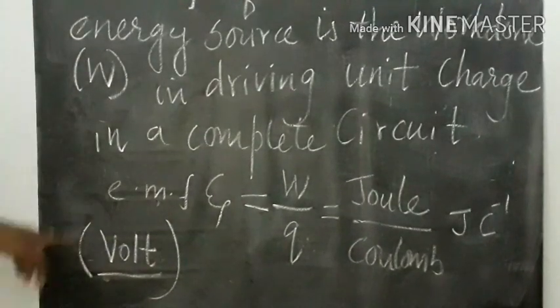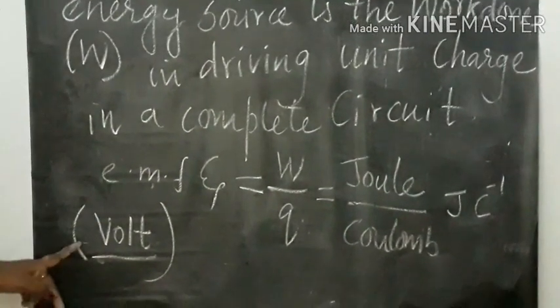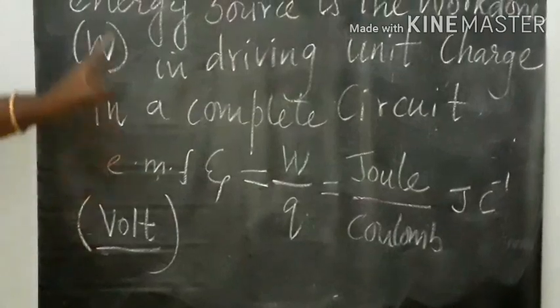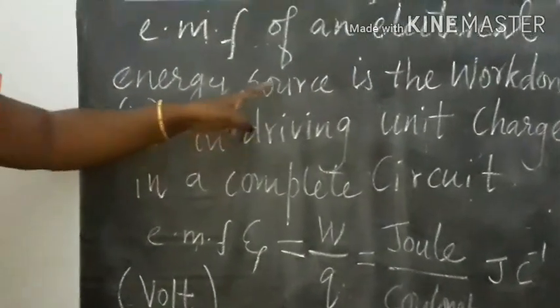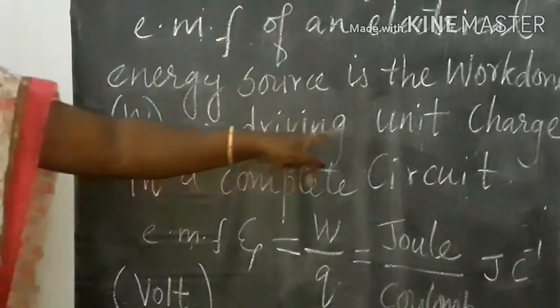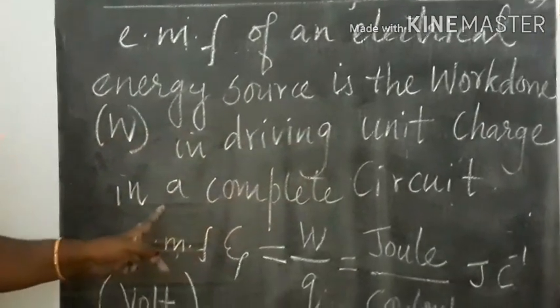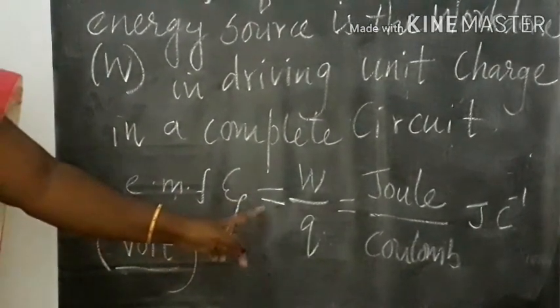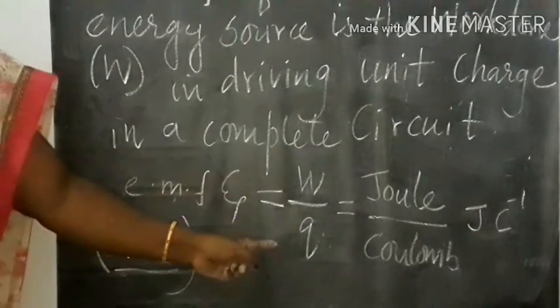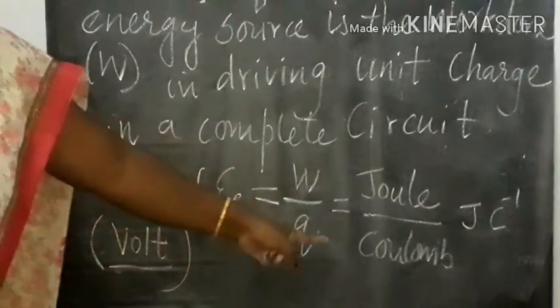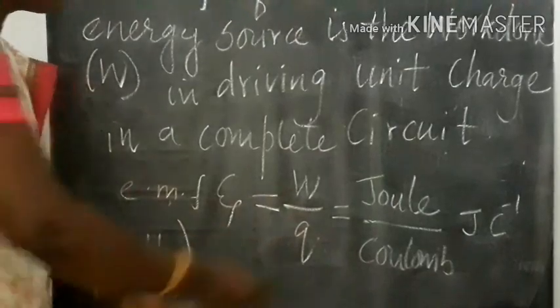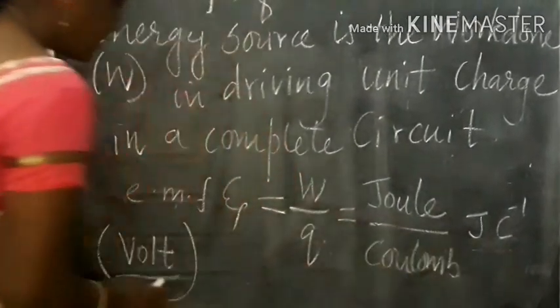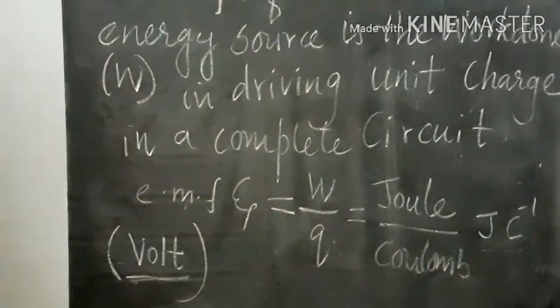So what is the unit of EMF? Volt. So EMF is equal to work done by the charge Q, that is joule per coulomb. So the unit is joule per coulomb, or otherwise it is called volt.